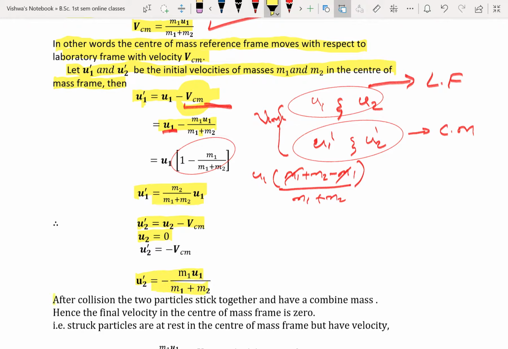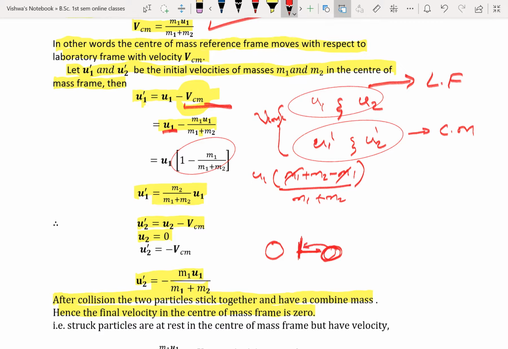After collision, the two particles stick together and have combined mass, hence the final velocity in the center of mass frame is 0. In the center of mass frame, what happens? The center of mass approaches the second object, which means the center of mass is at rest, of course. From the center of mass, it looks like the second object is approaching the center of mass.